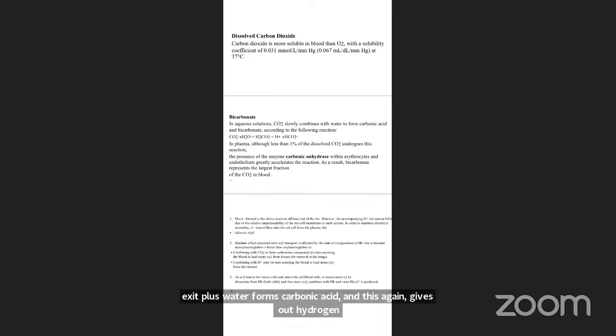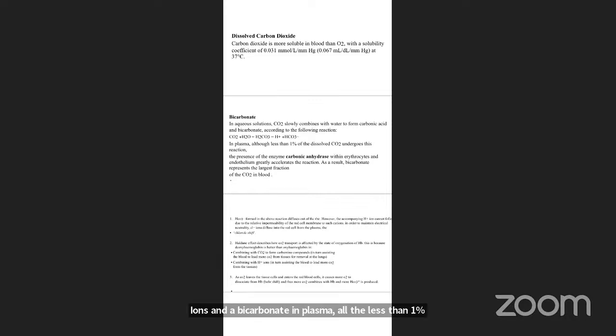In plasma, although less than 1% of the dissolved carbon dioxide undergoes this reaction, the presence of the enzyme carbonic anhydrase within the red blood cells and endothelium greatly accelerates the reaction. As a result, bicarbonate represents the largest fraction of the carbon dioxide in blood.